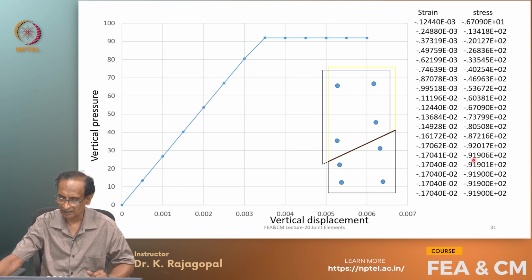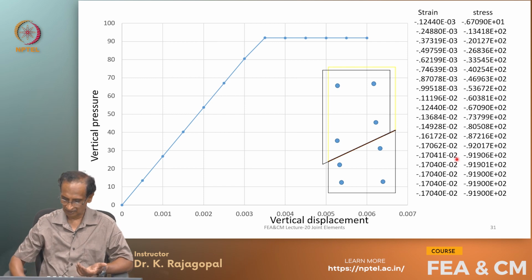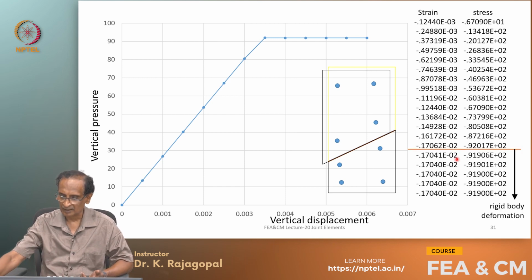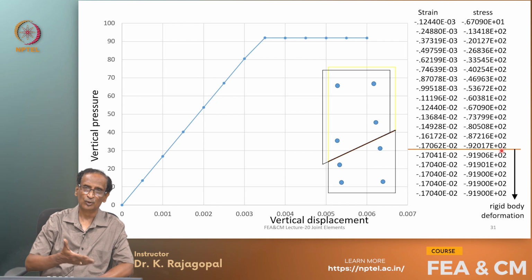But beyond this, your vertical stress is remaining constant, and even your strain is remaining constant. That means that beyond that point, the entire body is sliding like a rigid body. From this point onwards, our upper block is moving like a rigid body, and our strains and the vertical stresses are remaining constant.